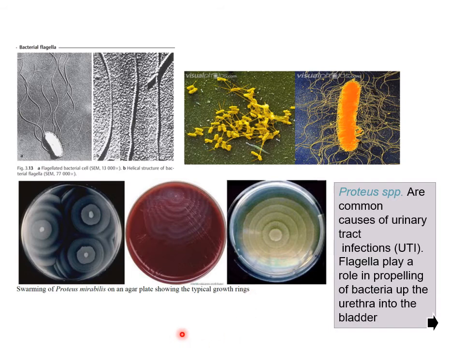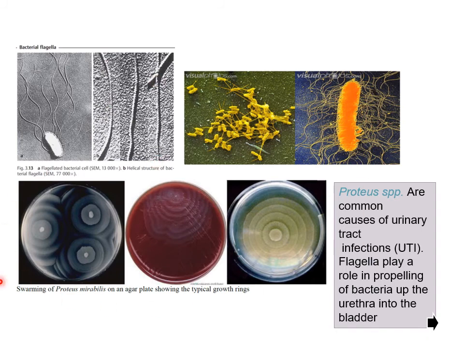In this slide, it's a little bit complex, but I want you to look at those pictures to understand that these are electron microscopy pictures that show us the complexity of flagella, and you can see that they are helical in shape.